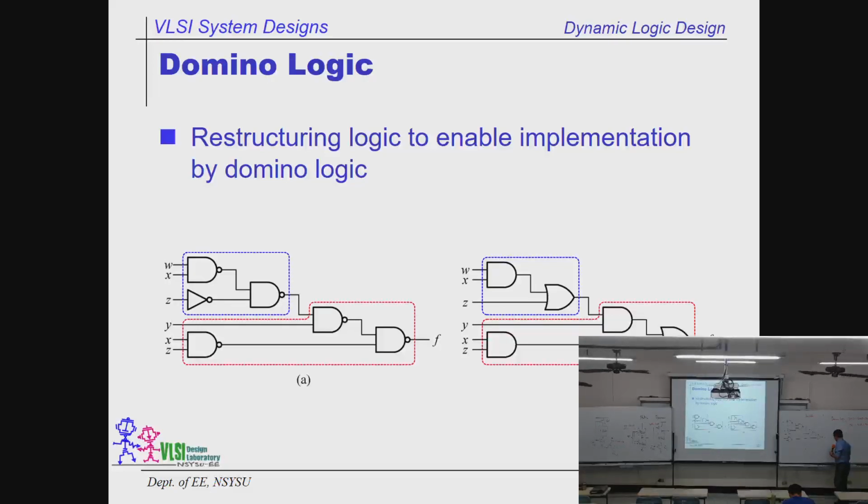So how do we do that? It's quite easy. We use De Morgan's law. By De Morgan's law, the NAND can be converted.